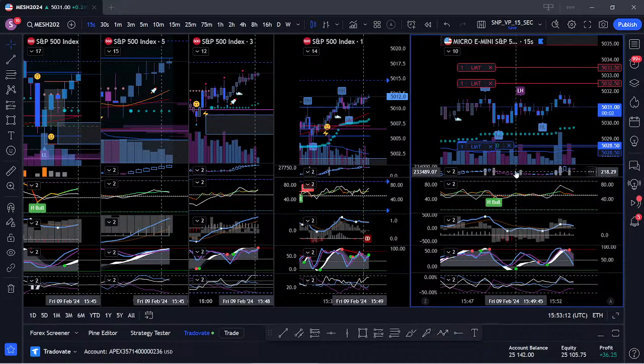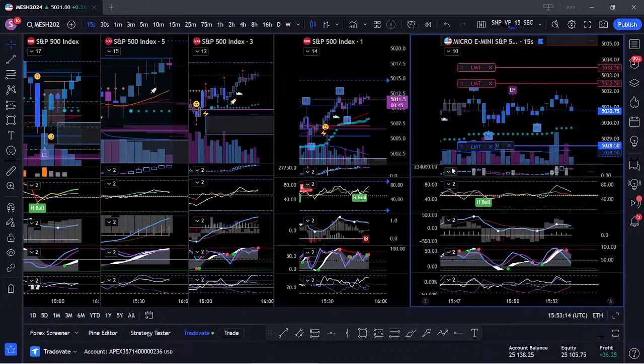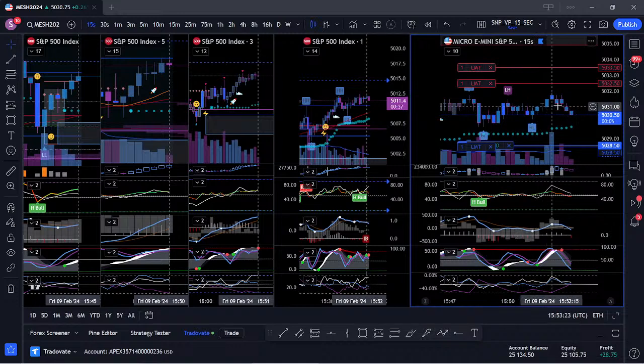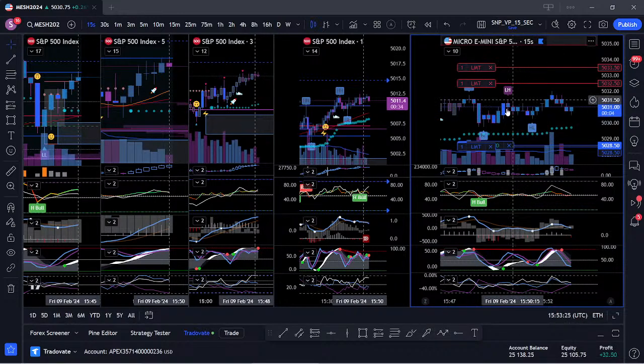See these white lines? That's the retailers. But when it's blue like this, that means some institutes as well are buying. And that's good, supportive.